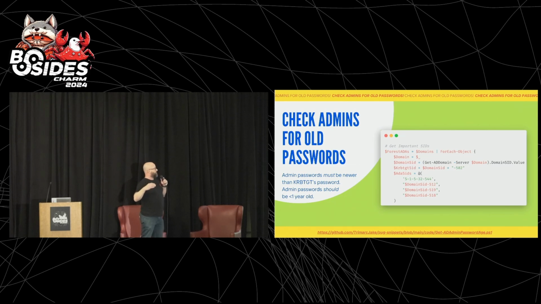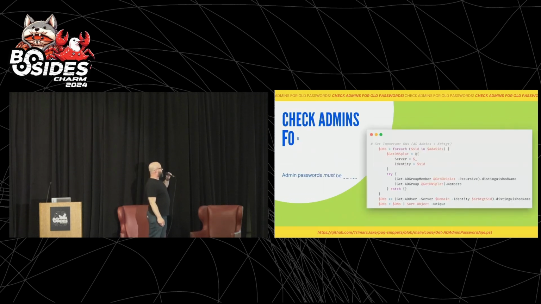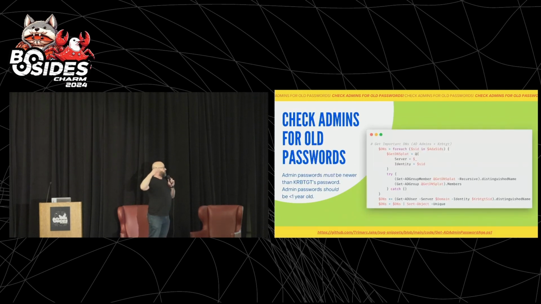We're grabbing all those AD admin groups: schema admins, enterprise admins, domain admins, and default domain administrators groups. Then we're going to enumerate those recursively, because we regularly find groups nested within these groups, even though you shouldn't. We recursively grab all those and collect a list of distinguished names of all of your AD admins.